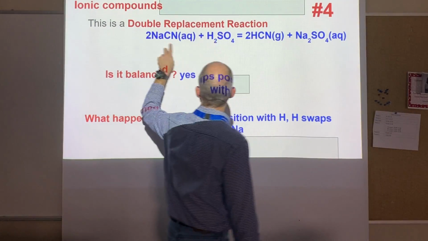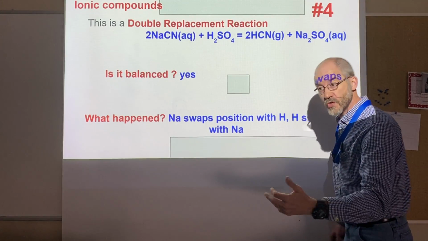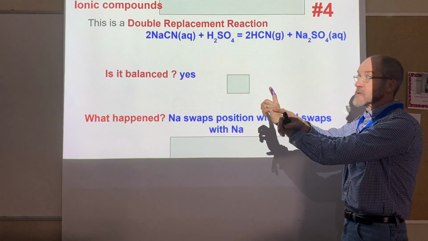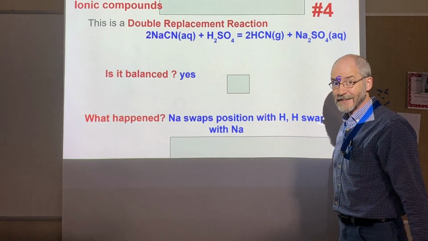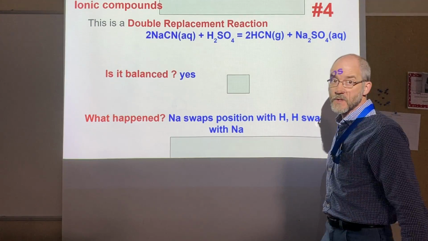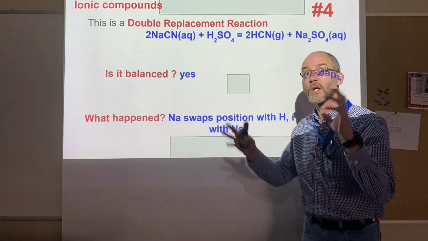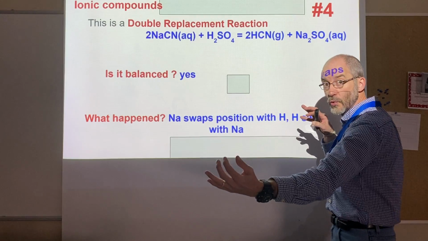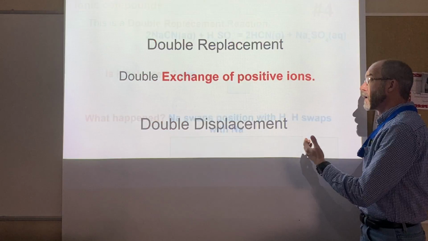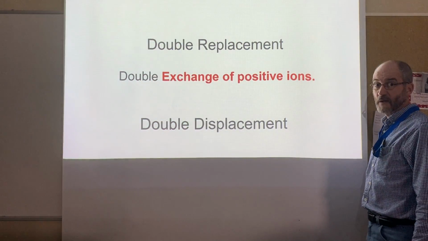Let's not overcomplicate. We have cations that have swapped places. If we have this double swap, that's what's known as a double replacement. Here's an actual equation that shows an example: a double exchange of positive ions.